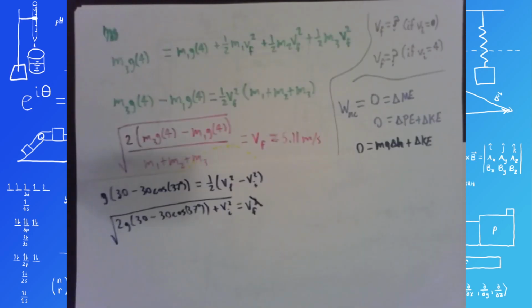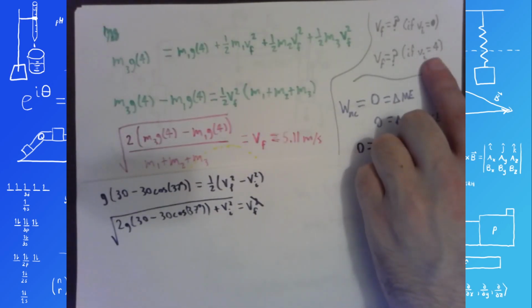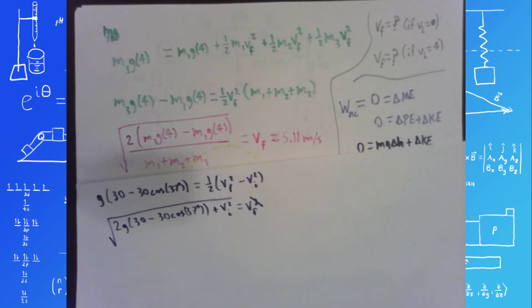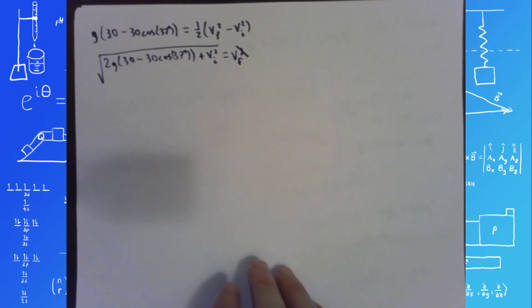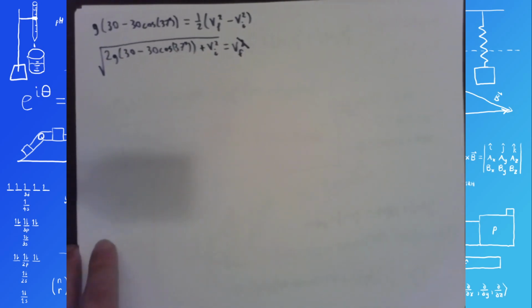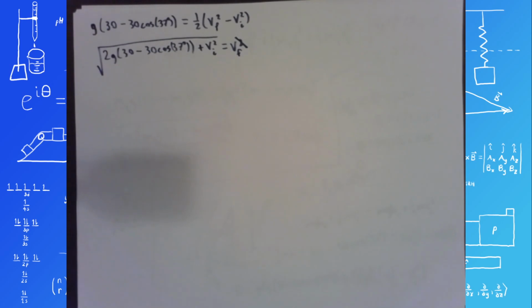Note that when v initial equals 4, v final is not going to be simply 4 more than what it is when v initial is 0, and we'll see that once we actually plug in the numbers and calculate. So with v initial equal to 0, I would do square root of 2g, so 19.6, times, in parentheses, 30 minus 30 cosine 37, plus 0 squared.